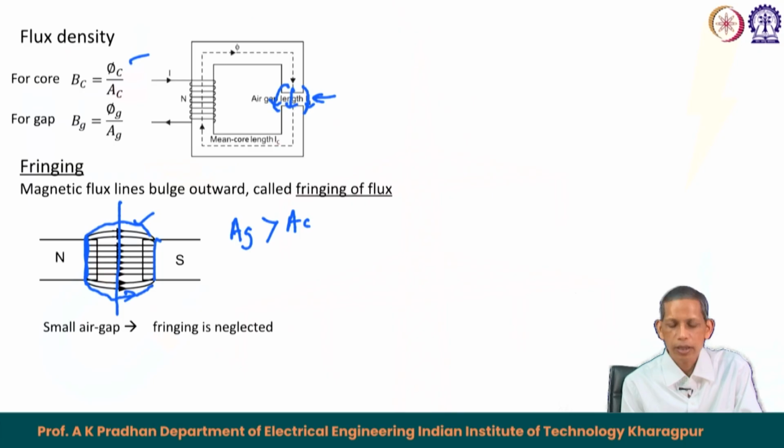However, in general the gap is very small and in most cases the effect of fringing is neglected, and if it is neglected then we say that A_g equals A_c. The air gap area through which the flux passes is the same as that of the core area in general, unless the gap is larger and fringing is accounted for.